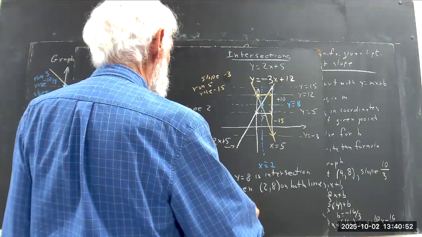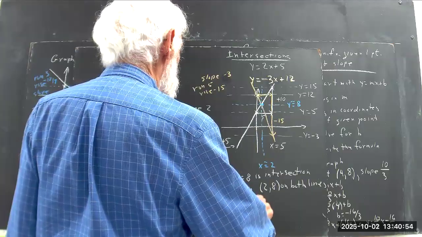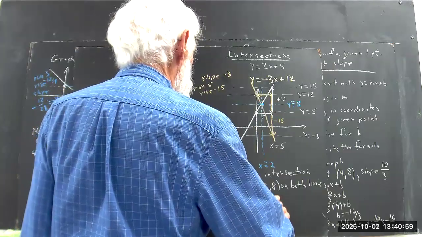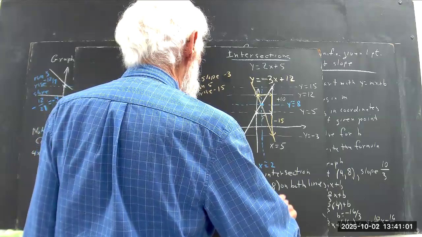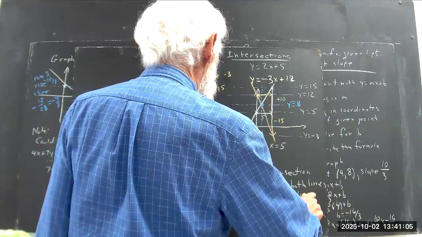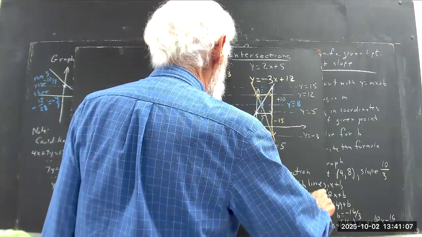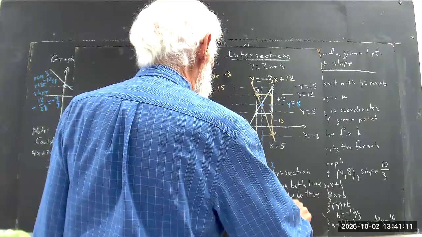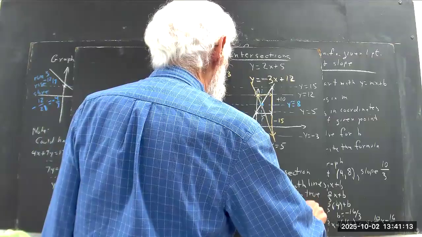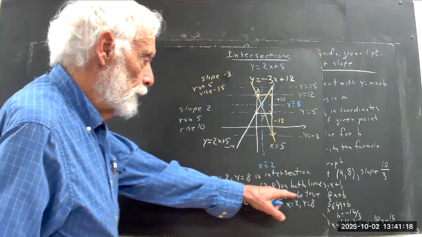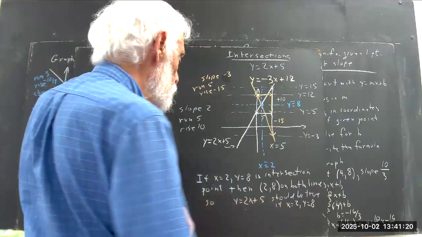So y equals 2x plus 5 should be true if x equals 2, y equals 8.